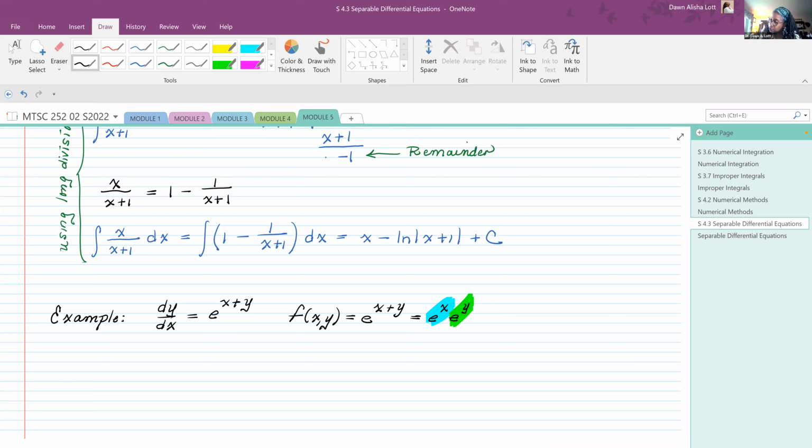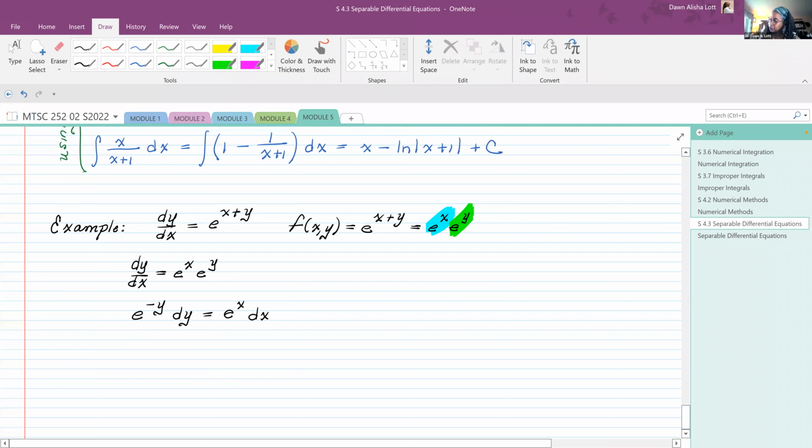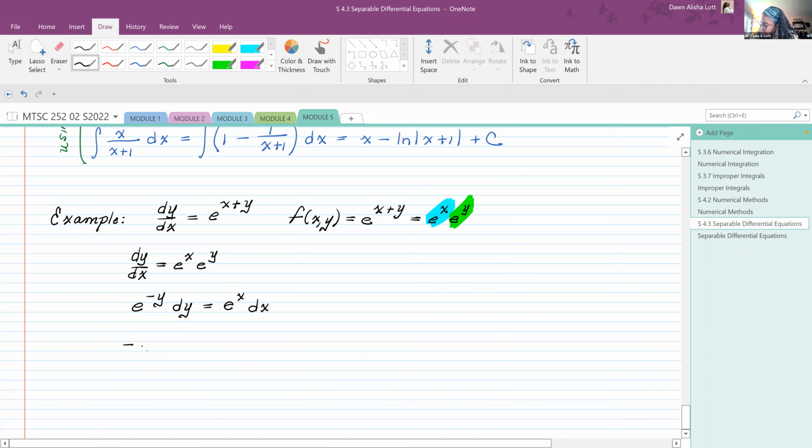So dy dx is e to the x times e to the y. And so if I multiply by dx and divide by e to the y, I get e to the -y dy is equal to e to the x dx. And so I can integrate both sides and I get negative e to the negative y is equal to e to the x plus a constant.